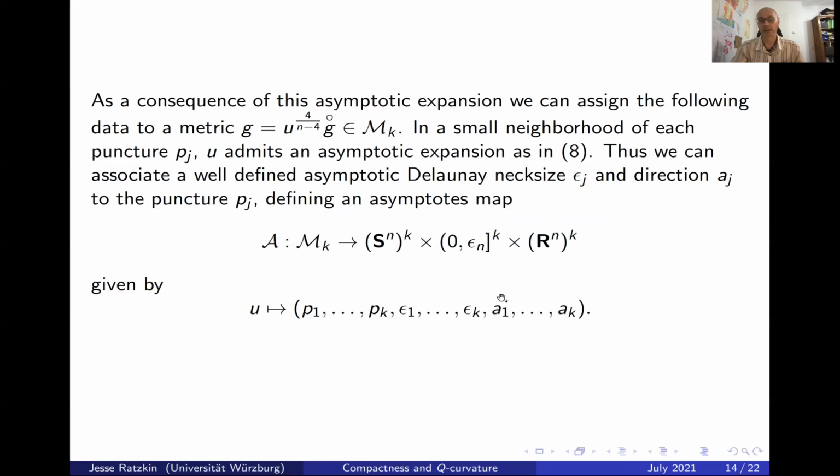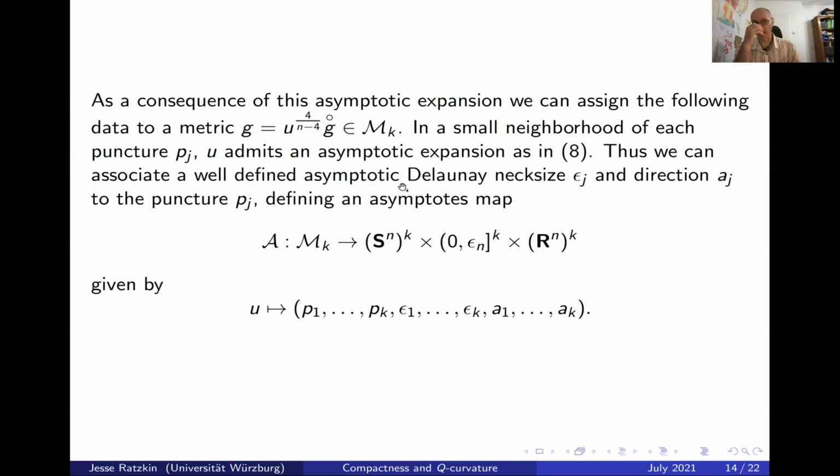I can associate a direction vector A1, A2, and so on with each puncture point. So this gives me a map from the unmarked moduli space to the k-fold product of the n sphere with a half open interval with Euclidean space of dimension n.